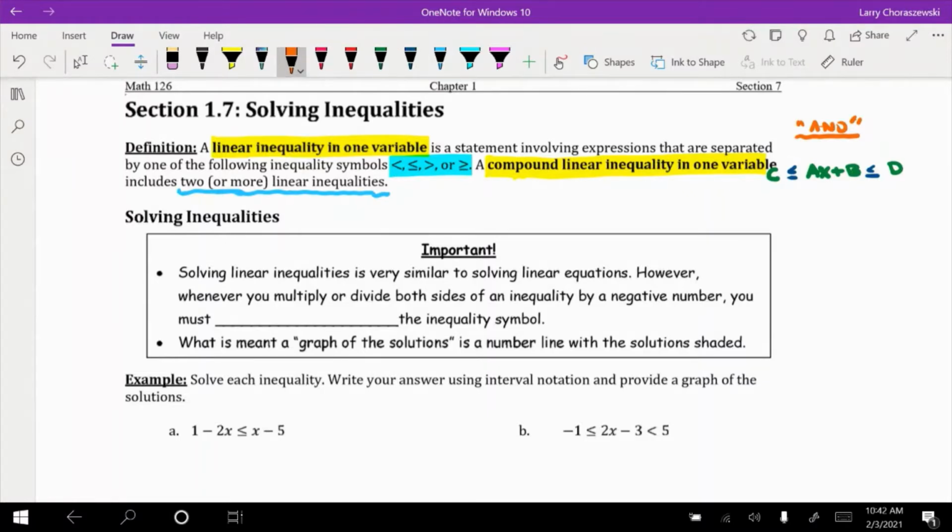The other type of compound inequality is the OR compound inequality. And the OR compound inequality has two linear inequalities that are separated by the word OR. So they're not really meshed together like the expression that we're seeing for the AND compound inequality. So to write this out in a generic way, I'm going to say ax plus b is greater than or equal to c.